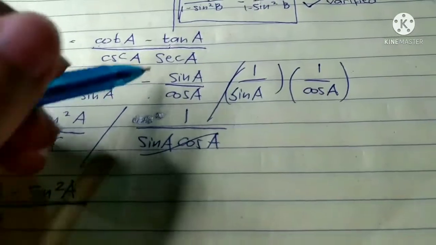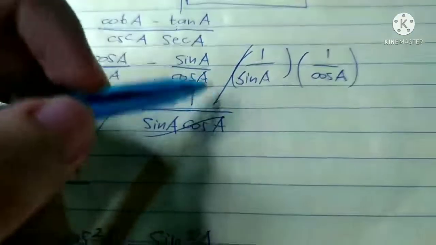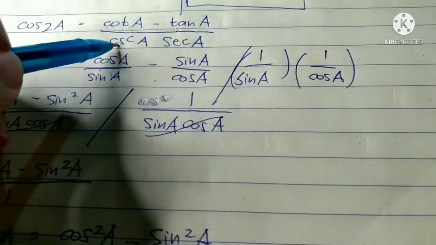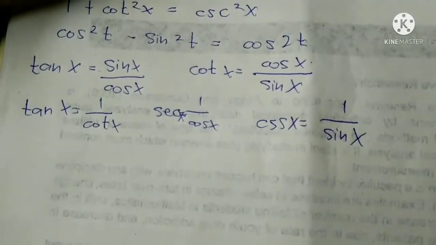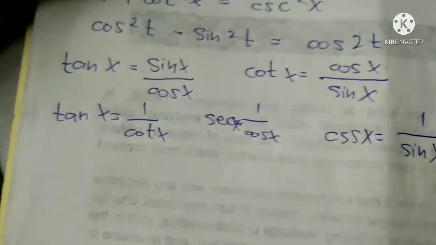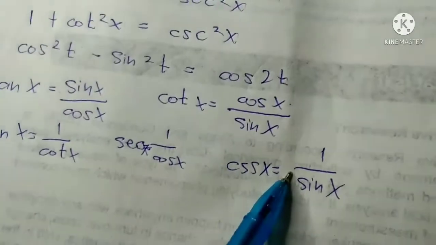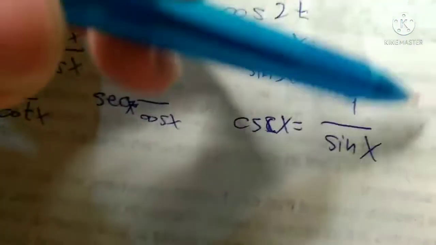Now, tangent A is equal to sine A over cosine A, over cosecant A. So our cosecant here is 1 over sine x.